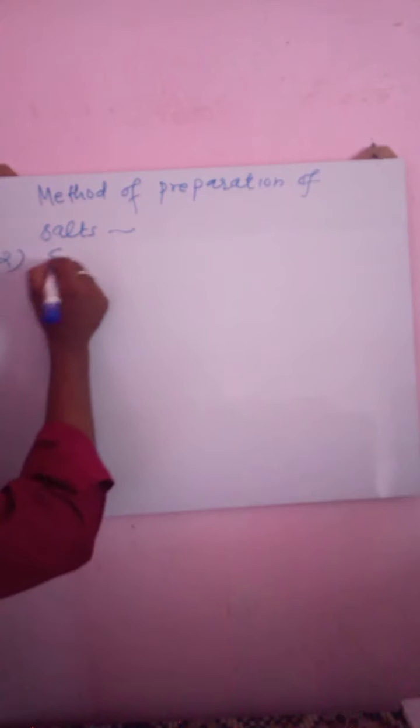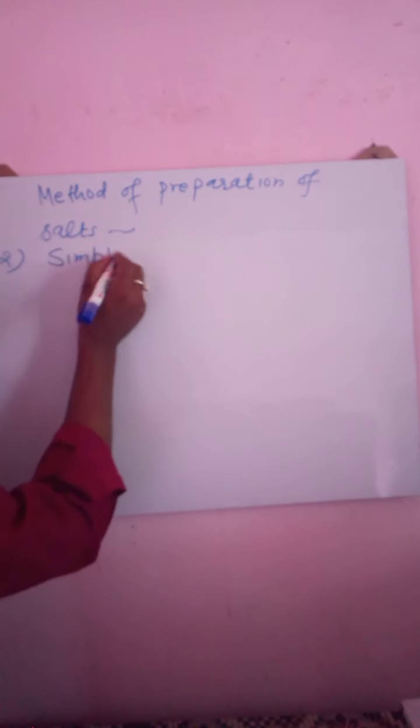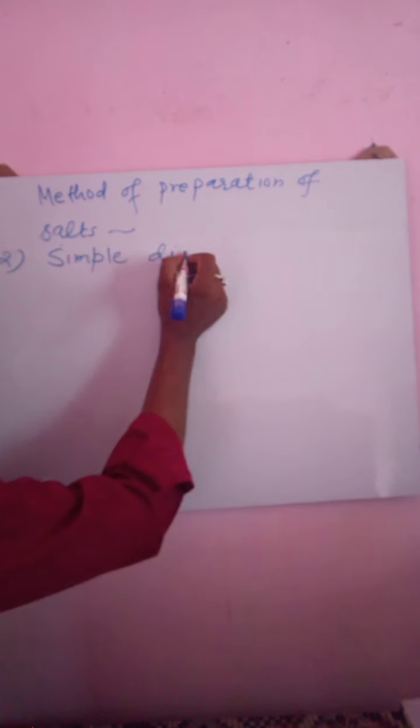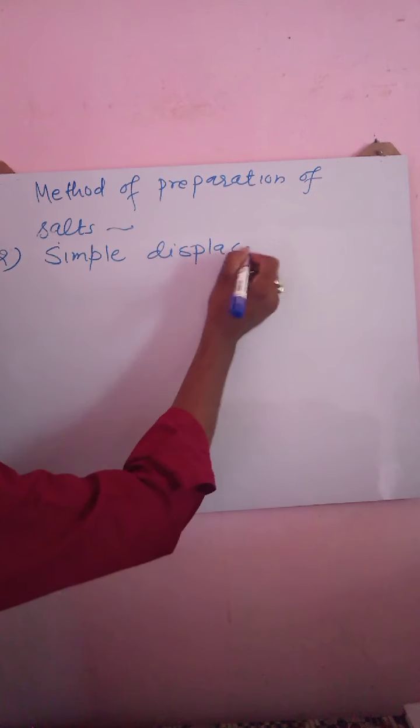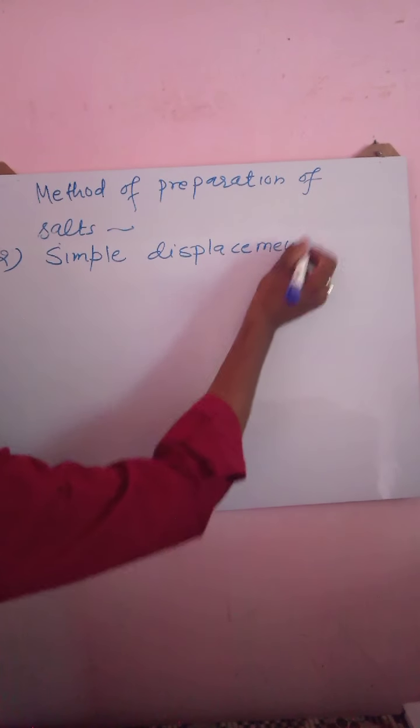The next method is the simple displacement method. I hope you people are aware of displacement reactions. We have already discussed this type of reaction. In a simple displacement reaction, when an active metal displaces the hydrogen of an acid, it produces salt and hydrogen gas.